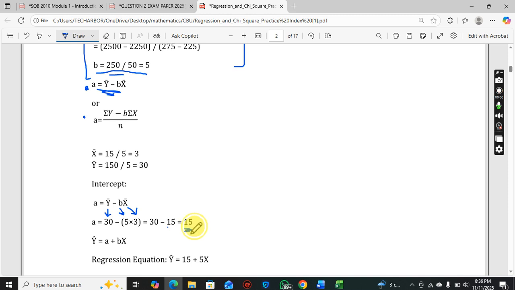So what this is telling us, colleagues, is that when the weeks are 0, in week 0, our sales are 15. Okay, $15, 15 kwacha, whichever. On week 0, the sales are 15. Any questions?